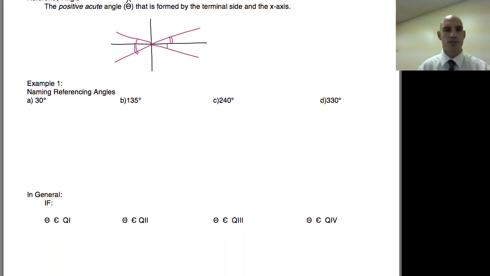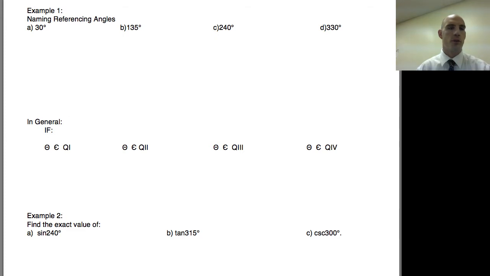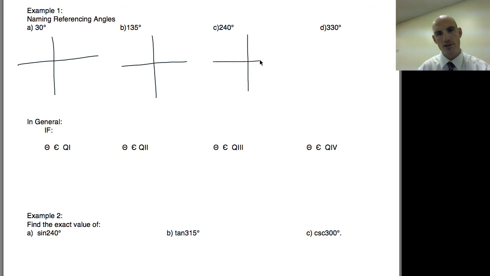When we name reference angles in example 1, we are going to put them in standard position. Each of these is going to take a coordinate plane, and I'm going to draw those out and show you exactly what this looks like. You're going to see that this is going to help us immensely in finding those exact values.